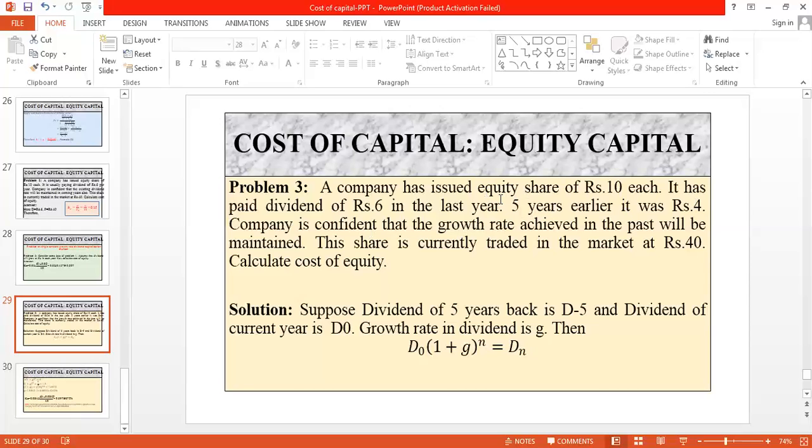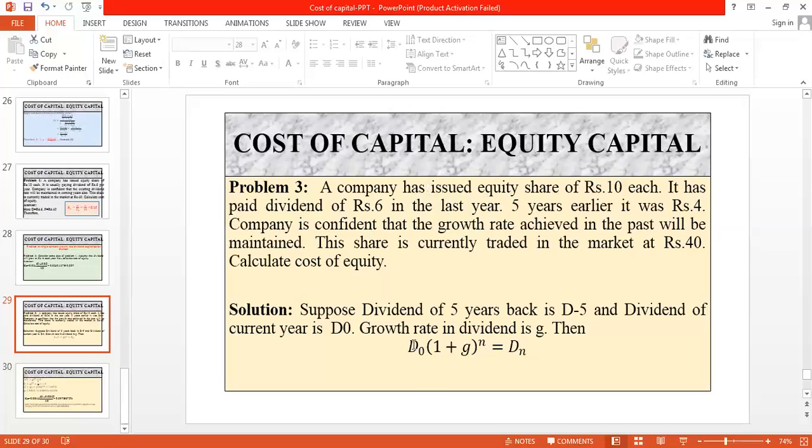That means 5 years ago, the dividend paid was rupees 4. Now it is rupees 6. It implies that the dividend has gone up from rupees 4 to rupees 6 within a 5-year span.